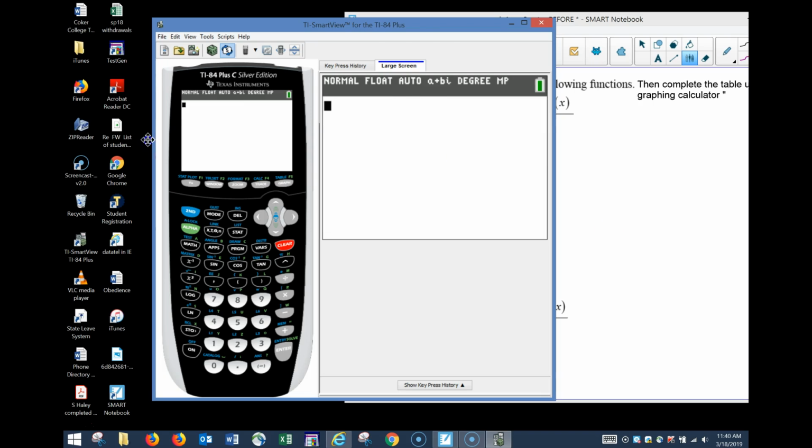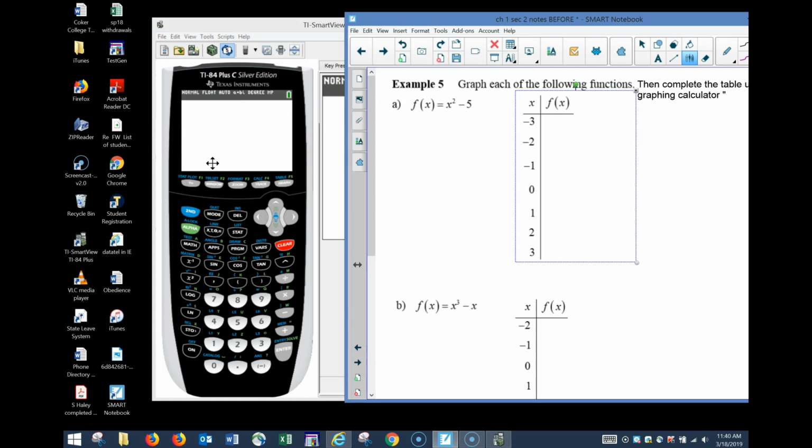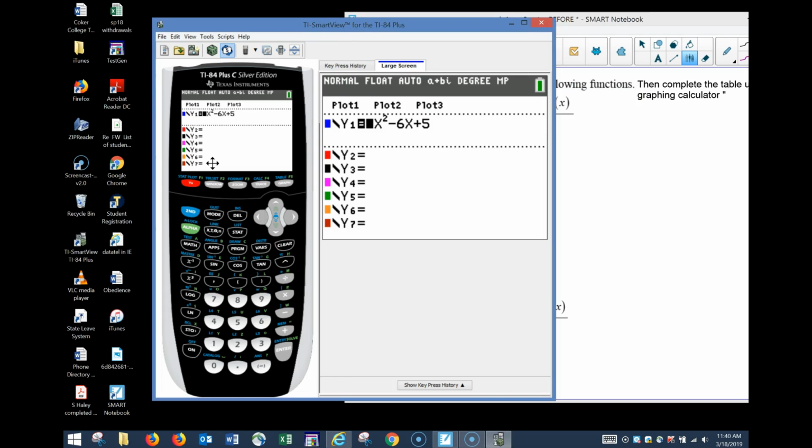And clear. Alright, so now this new problem says that I want to have x squared minus 5, and I want to plug in these numbers. So, starting from the beginning, y equals, now I'm going to clear that whole equation away. Okay, I'm going to type in x squared minus 5.